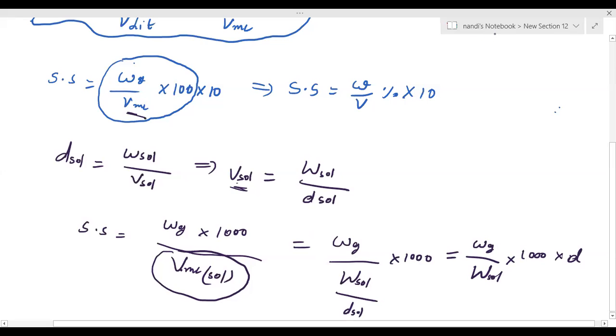Density of solution. D solution means density of solution. When I'm using that word, I'm not writing it on screen, so please note it down. After this, any doubt?